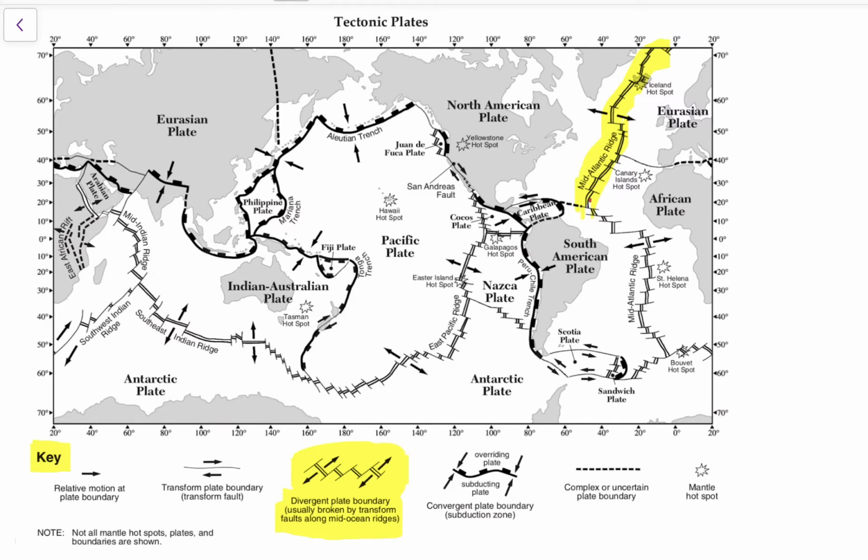It has these two little lines next to each other, just like we see here, and the two arrows moving away from each other. Next to the symbol, it tells you the name of the ridge, the name of the boundary. This is the Mid-Atlantic Ridge. Let's go ahead and color that one in all the way. It goes all the way down the Atlantic Ocean. If you have a highlighter, please highlight the divergent plate boundaries in your own ESRT as we go along.